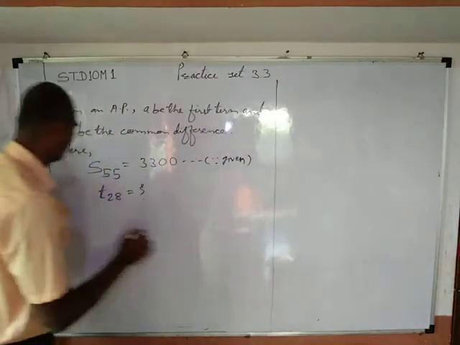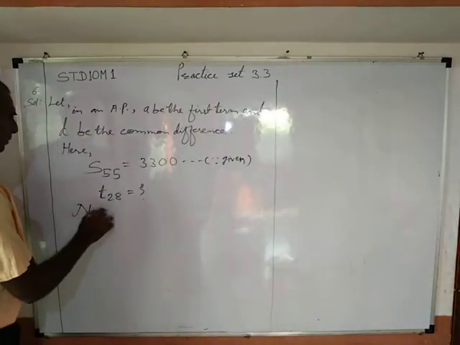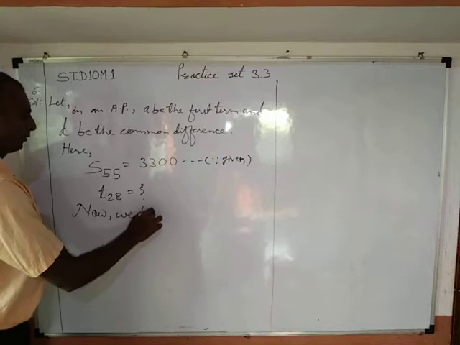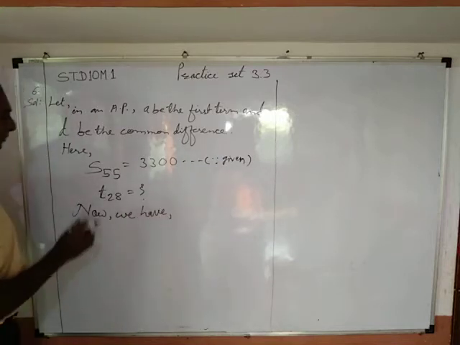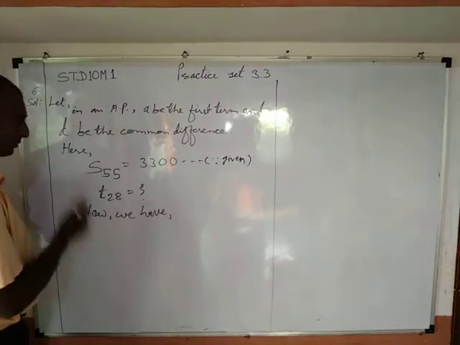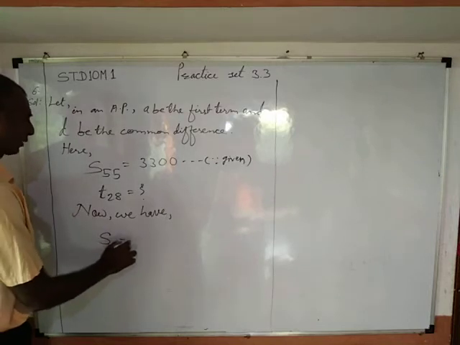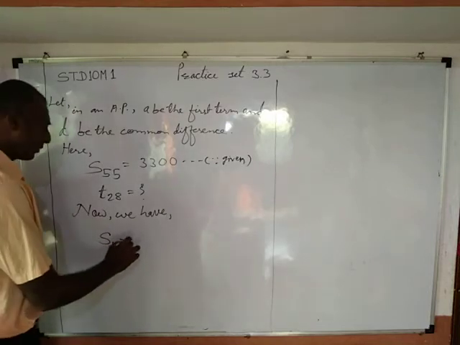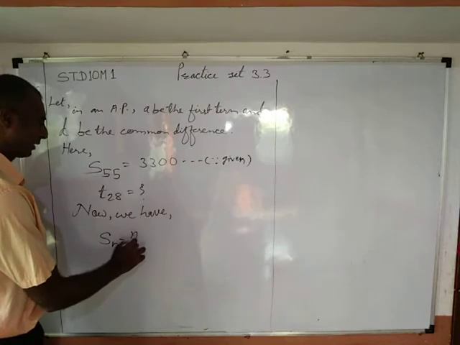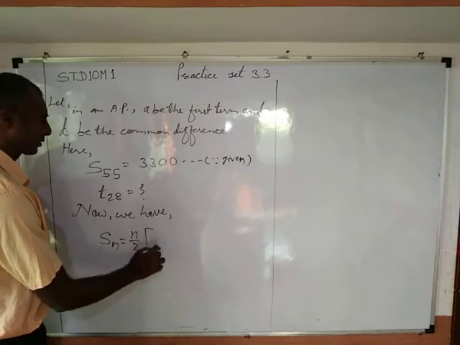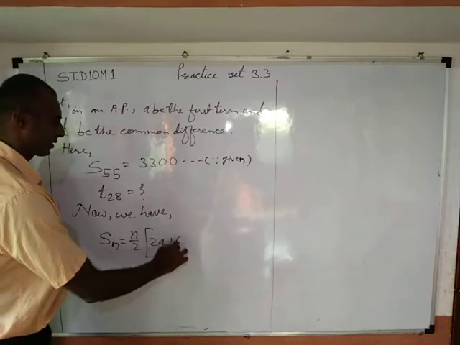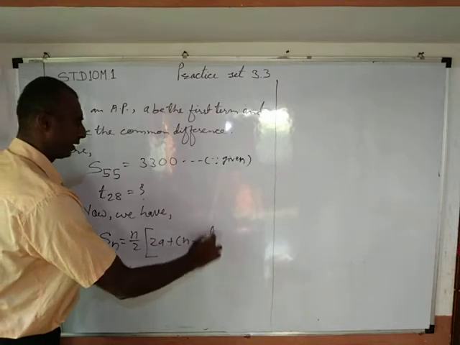Now we have the formula related with Sn, the sum of n terms. We have Sn equals n upon 2 into the bracket 2a plus n minus 1 into d.